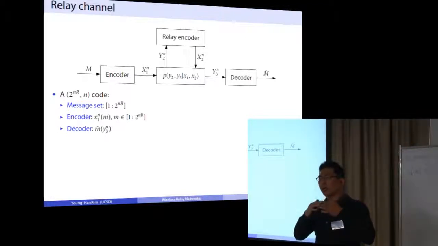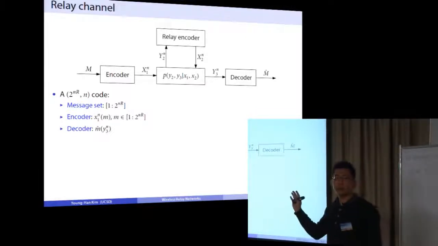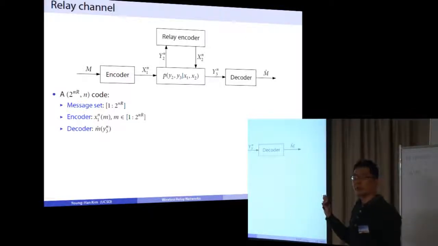For Gaussian broadcast channels, the capacity region is known for both single antenna and multiple antennas. So for several practically motivated channel models we know the capacity region, but in general it is not known, even if you limit your attention to binary input, binary output broadcast channels. So a lot is not known.